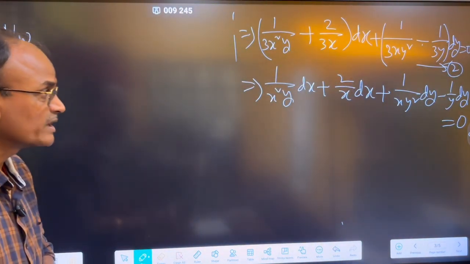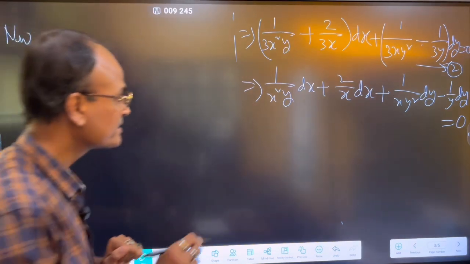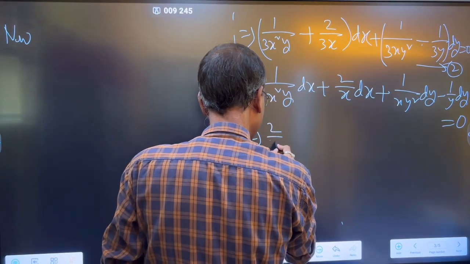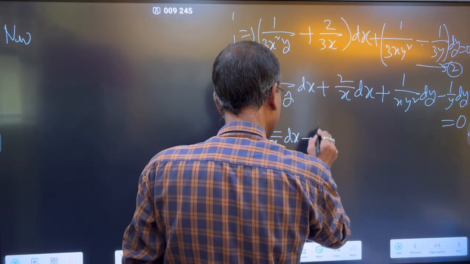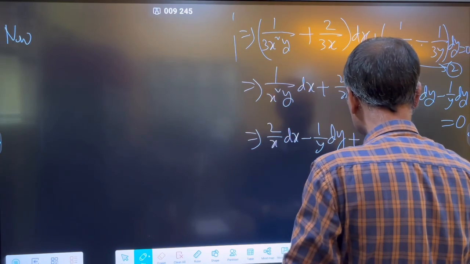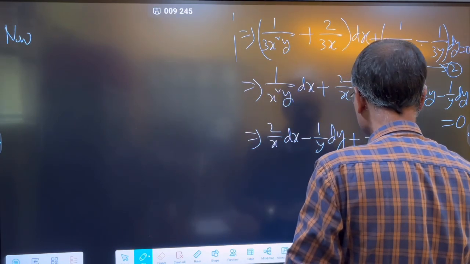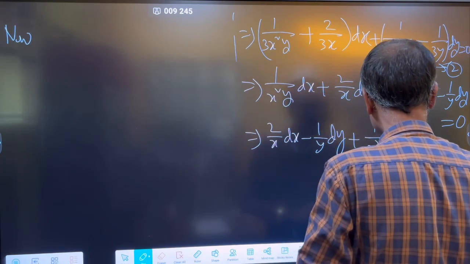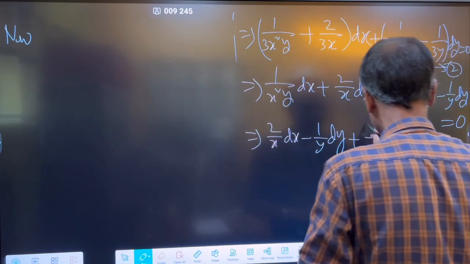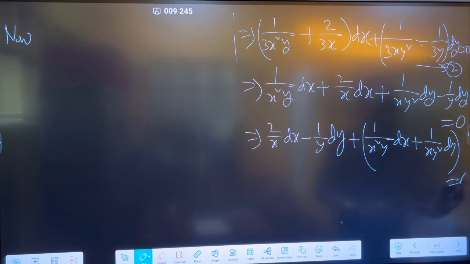Or 2 by x dx minus 1 by y dy plus 1 by x square y dx plus 1 by x y square dy equal to 0.